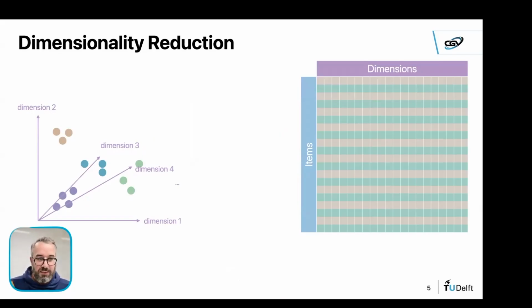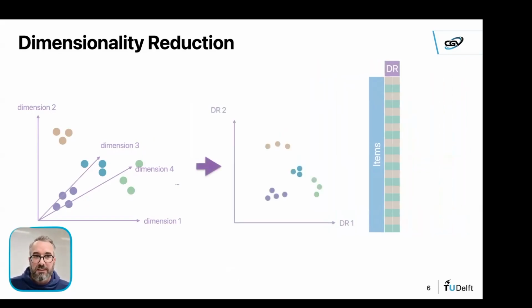And then the idea is that we try to reduce this to just 2 so that we can actually see it on a computer screen, right? By doing so, obviously, we lose some information, depending on the approach we choose, but we get some 2D representation that keeps some features of the original data.